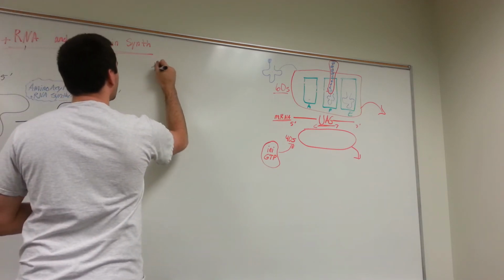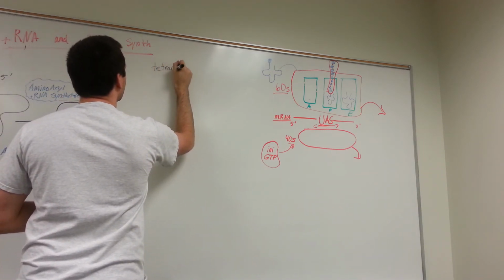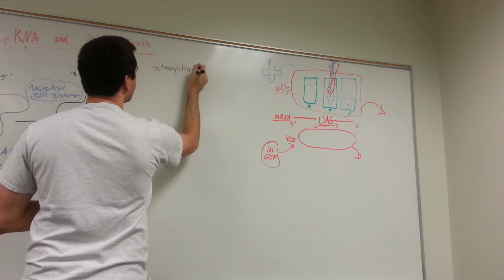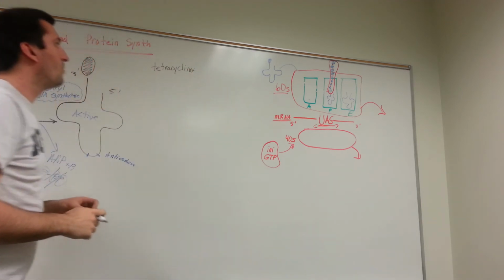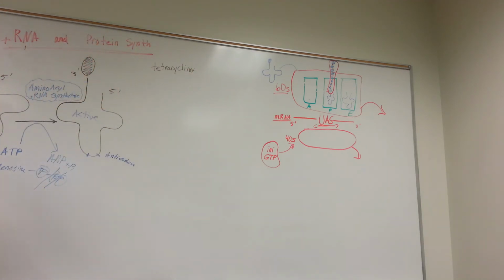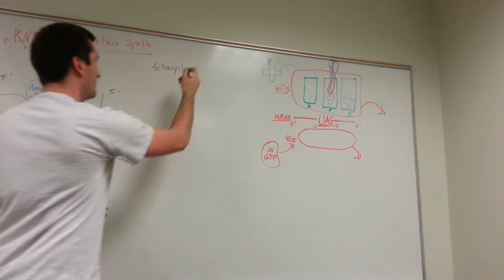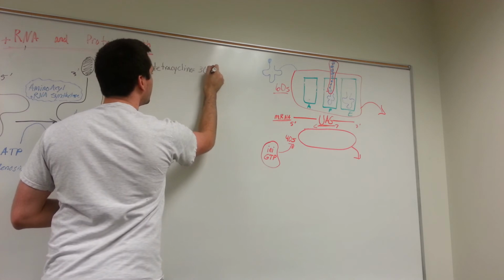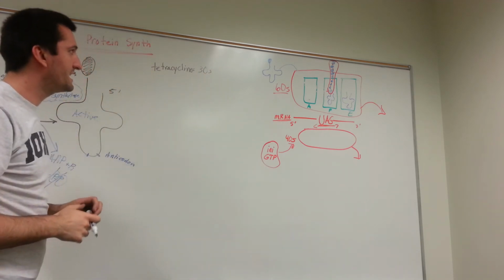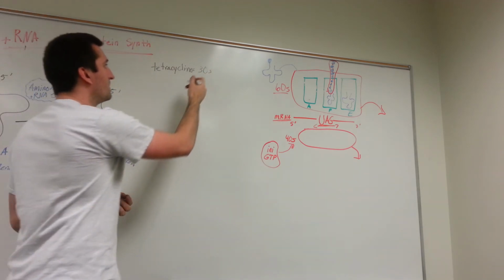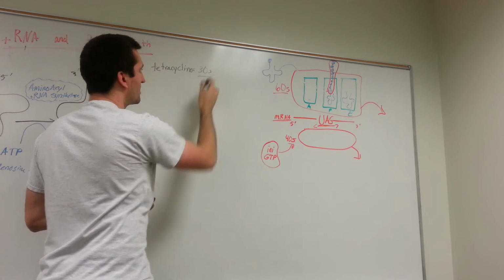We've got tetracycline. What is the action of tetracycline? Well, it's going to bind to the 30S subunit and make it so the tRNA cannot bind. So tetracyclines are going to bind to 30S.